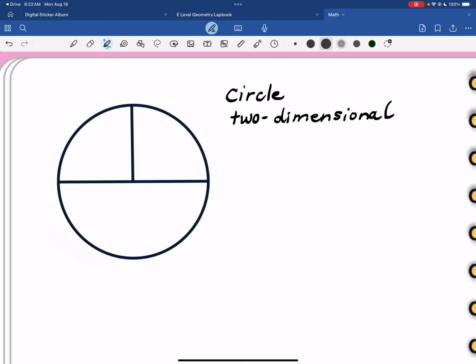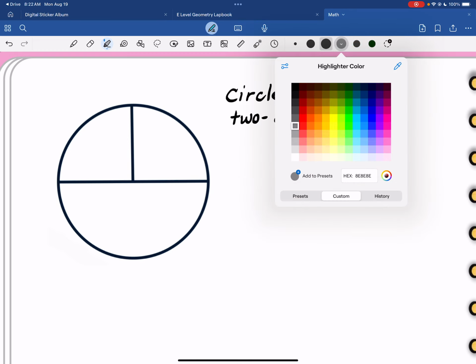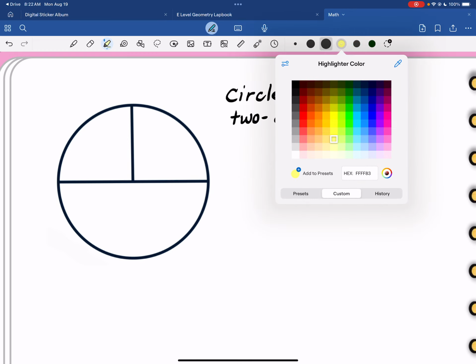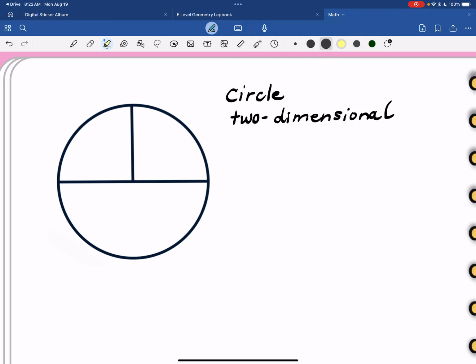So these are actually flashcards. Let me get something besides gray to highlight with. So circle is one of your flashcards. Also, two-dimensional is one of your flashcards.